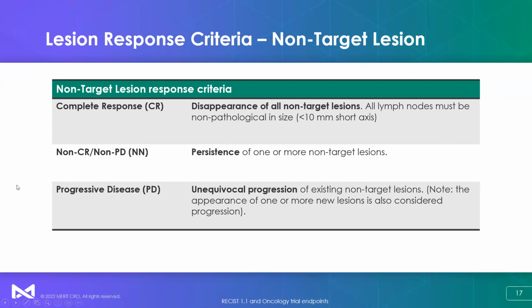Non-CR or non-PD, also known as NN, is the persistence of one or more non-target lesions. Progressive disease is given to the non-target lesion response if unequivocal progression of the existing non-target lesions is seen.